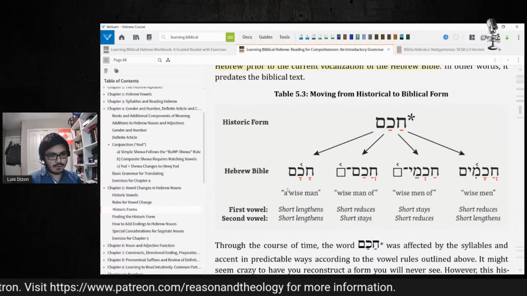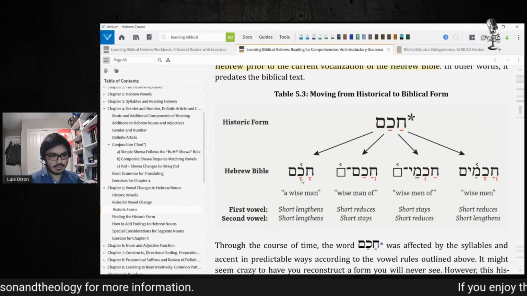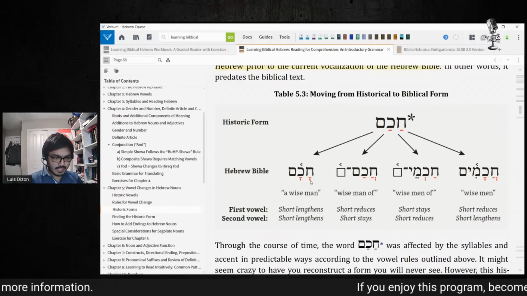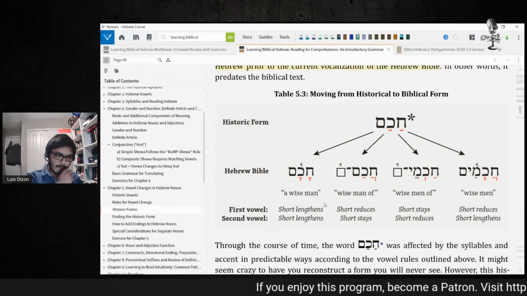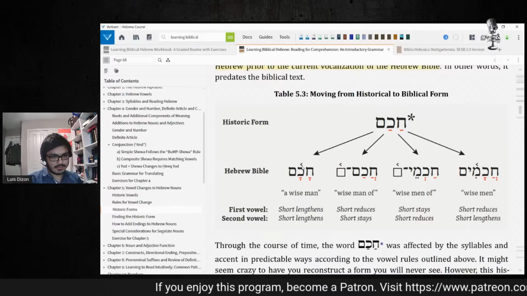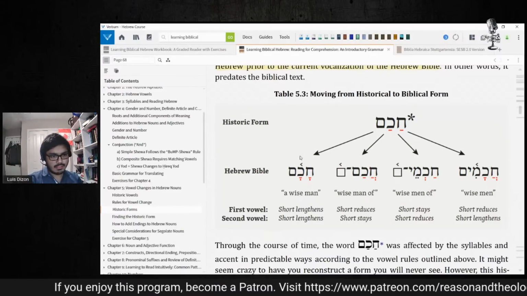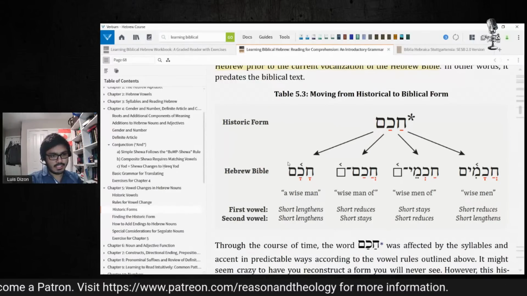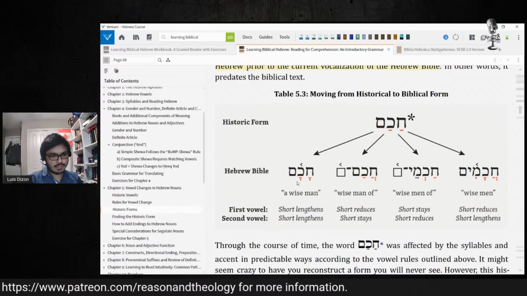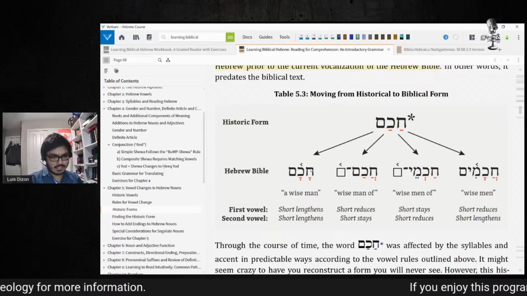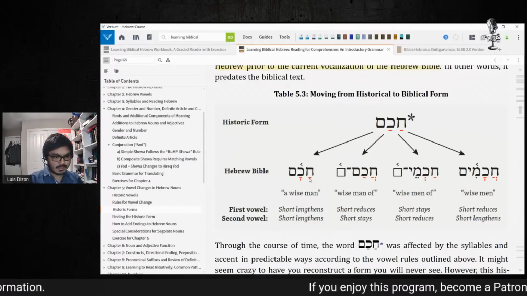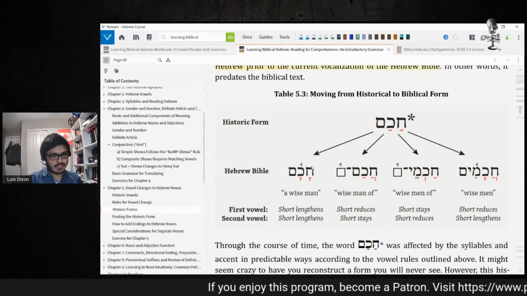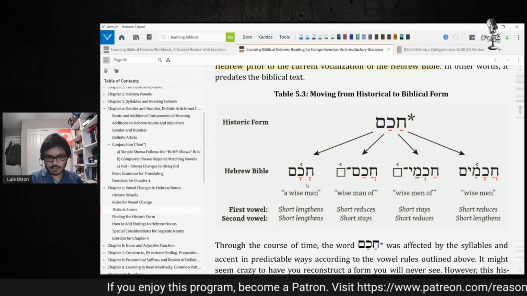In the singular form, chacham, both patachs turn into a kametz. This is because the accented syllable, per Rule 1, a closed accented syllable should always have a long vowel, and this is the near open syllable to it. It has to lengthen, unless this was a verb, in which case it would shorten.